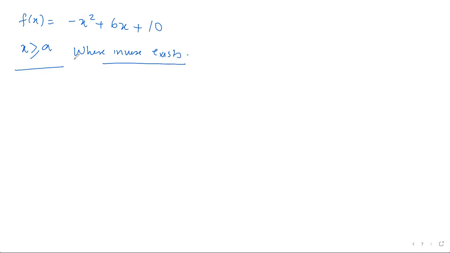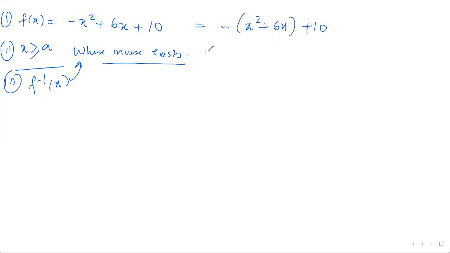So before I go to this question, this is the second part, and the third part is to find an expression for the inverse for part B. Before I go ahead on this, I would sketch this graph, and I prefer making it a perfect square form always. If you wish to sketch x squared minus 6x plus 10, you can keep the negative outside.